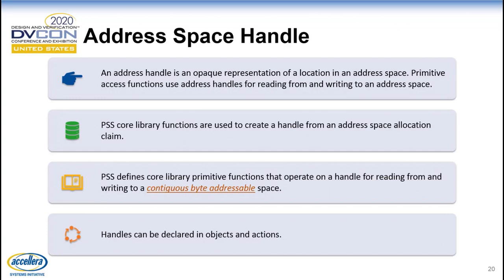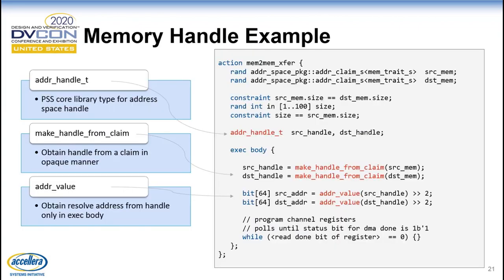Handles, again, similar to the claim, can be declared inside objects or inside actions. So on the left here, we have defined an address handle T, which is the type that denotes its address handle. And we have a bunch of functions that you can use to obtain a handle from a claim.